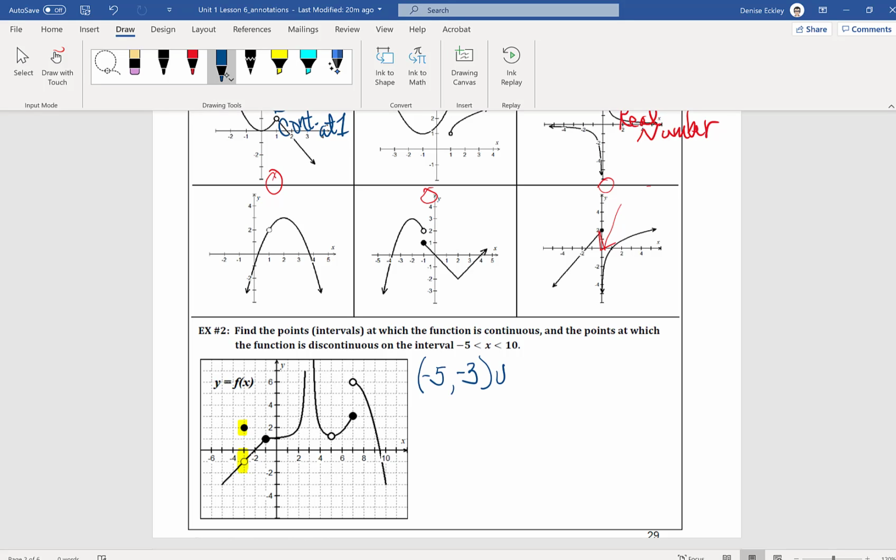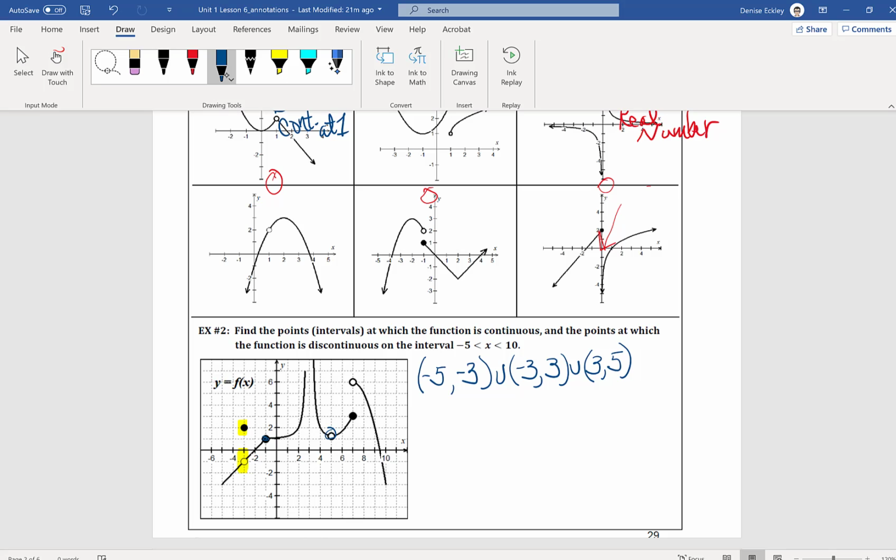And then after that, it's continuous even over this change of function here because the limits meet and the points meet. And it's continuous up to, but not including, 3. And then after that, from 3, it's not continuous at 5 because there's a hole there again.